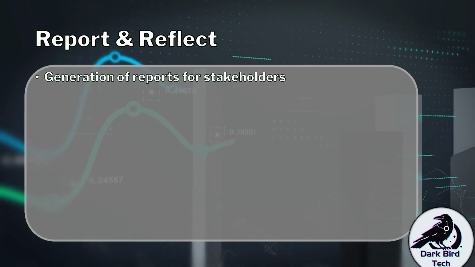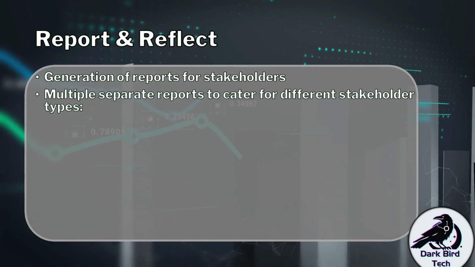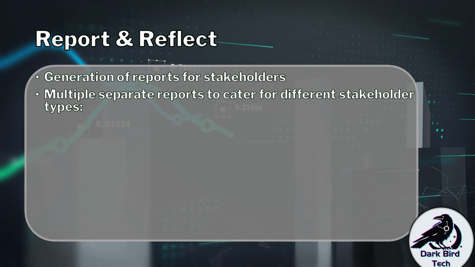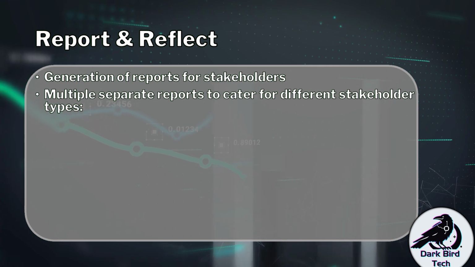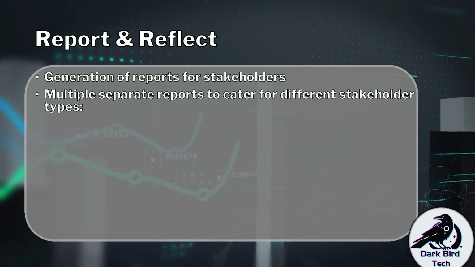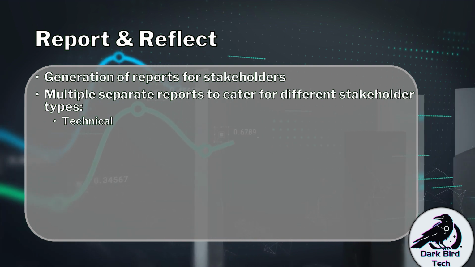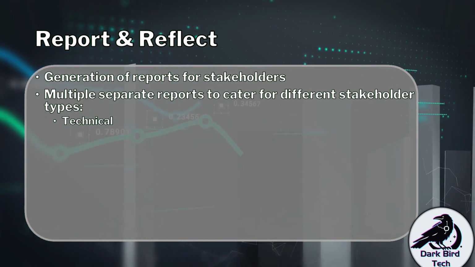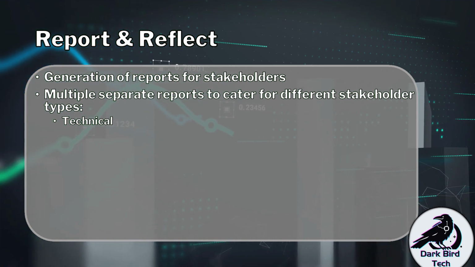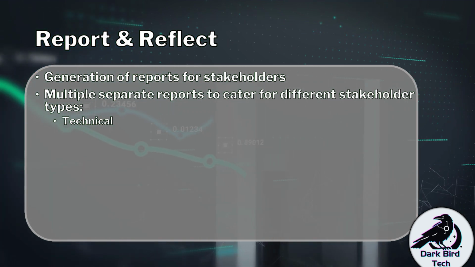It'll probably be a good idea to create different reports to cater for different stakeholder types, mainly in terms of their ability to understand the technicalities of the incident, as well as the actual information they need to know about the incident. So you're going to have a technical report, obviously, for the IT practitioners and the senior people in the technical space, like the CIO or the CSO or the CTO or whatever fancy job title people have now.